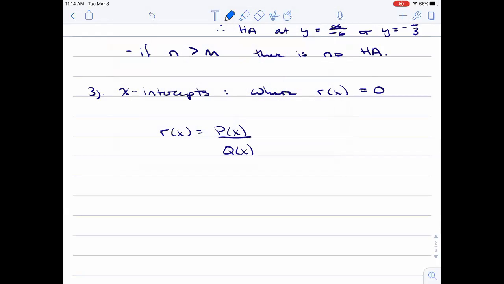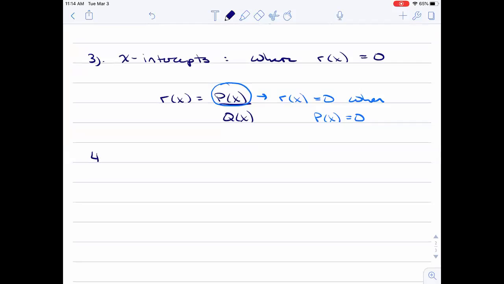So R of x equals 0 when P of x equals 0. Usually, if we've got a quadratic in the numerator, then we can use the quadratic formula to figure out where the zeros are. And then that will be your x-intercept, where it crosses the x-axis.